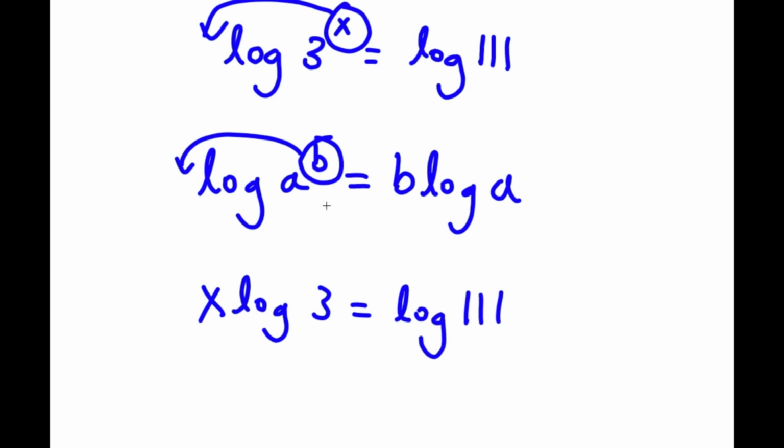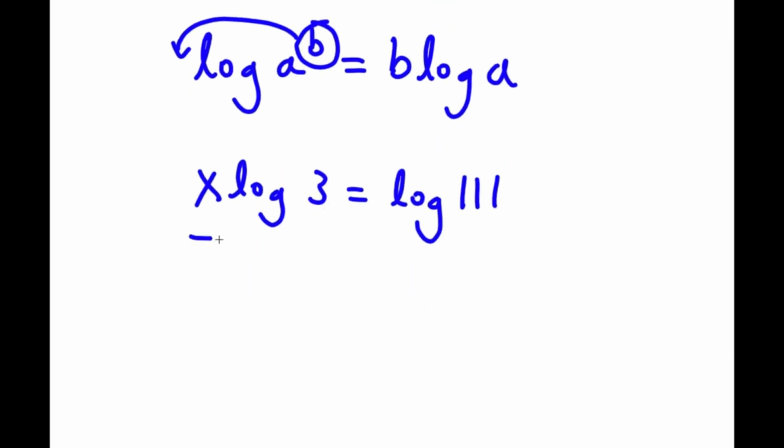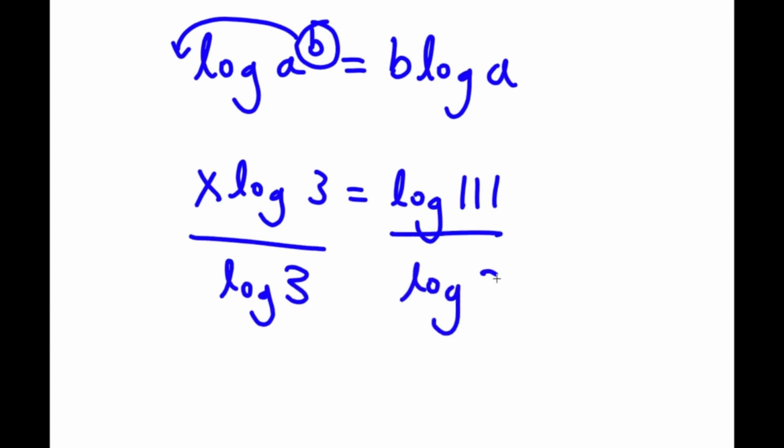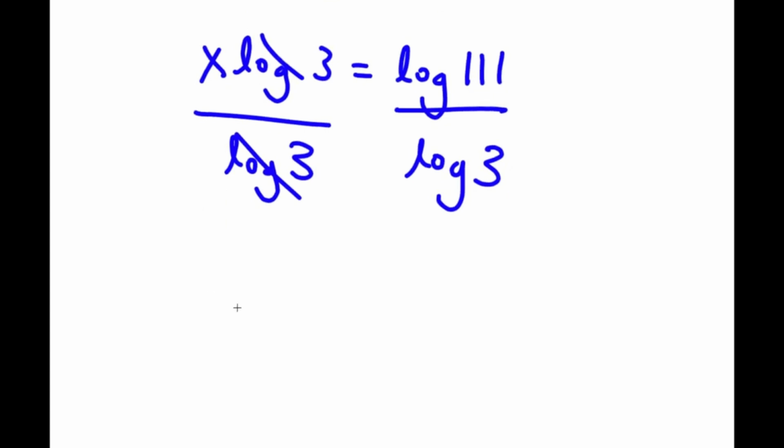So now I'm going to divide both sides by log 3. So then for my left-hand side, these two log 3's simply cancel out, and I'll be left with x is equal to log 111 over log 3.